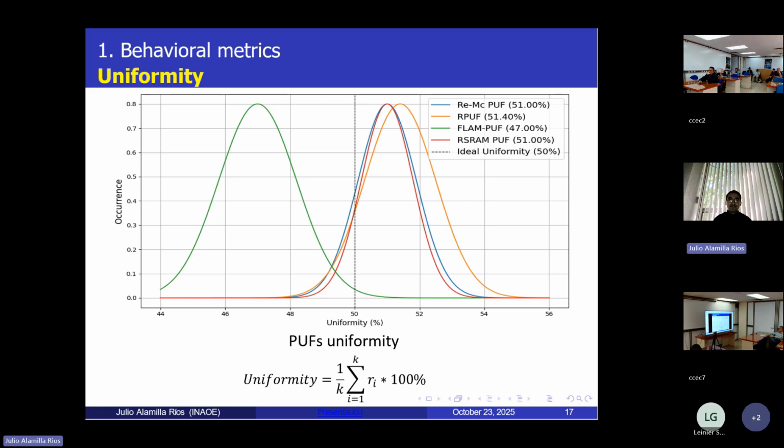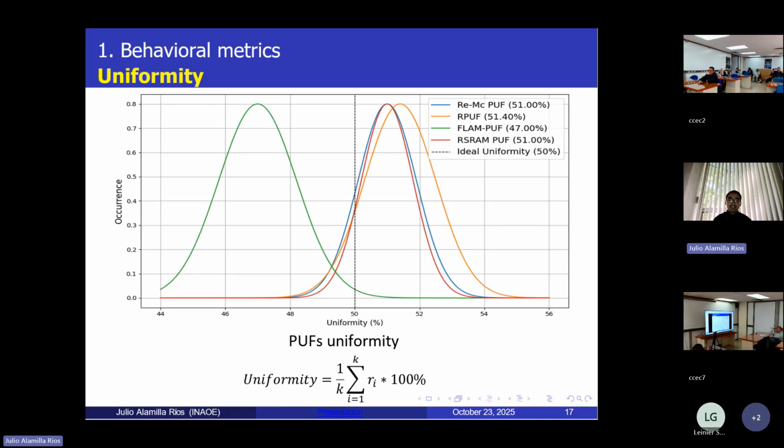This metric was calculated from 10,000 responses, and similar to uniqueness, the ideal value is 50%. If the value is higher, most of the responses tend to be logical ones. If it is lower, zeros predominate.